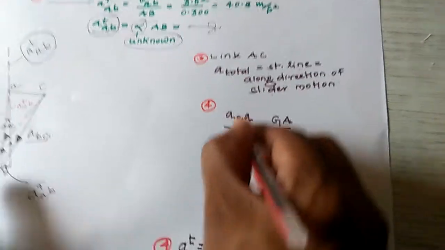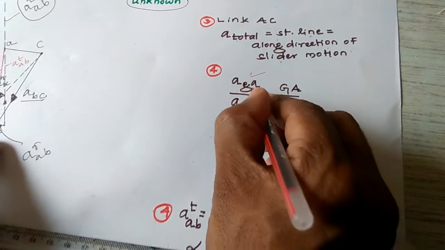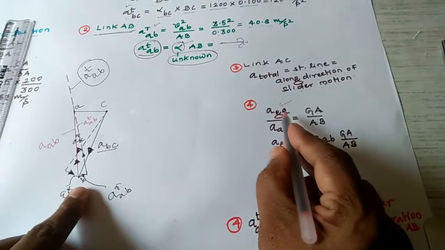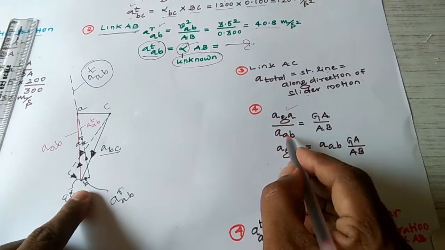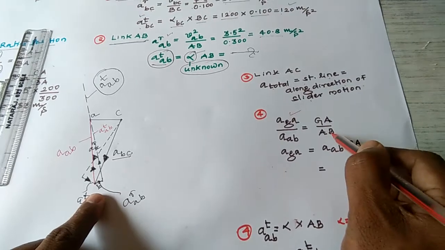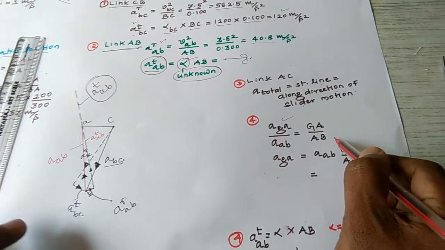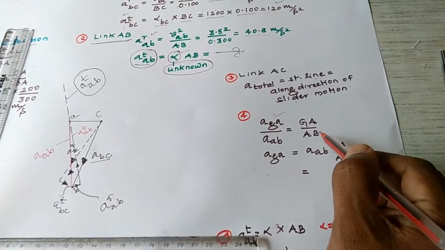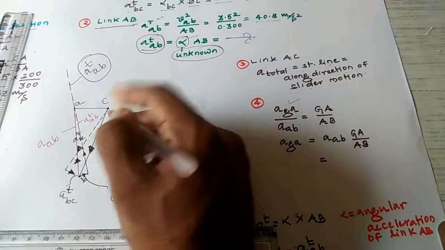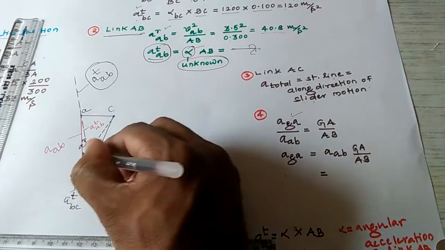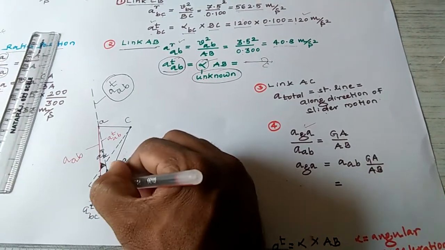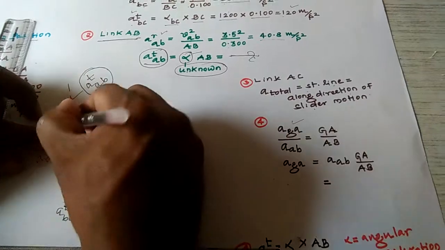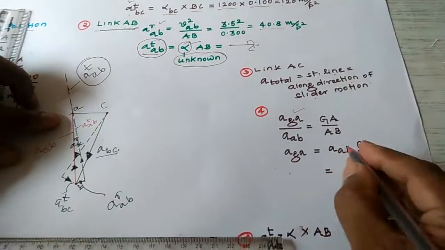Then I have to find G. How to find G? You have to take the ratio: the acceleration of GA divided by AB, that is the GA distance divided by the AB distance. Acceleration of GA with respect to A, I will start from A, from this point.